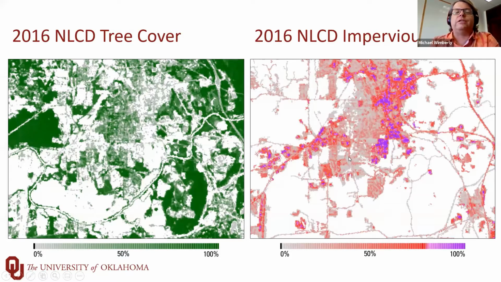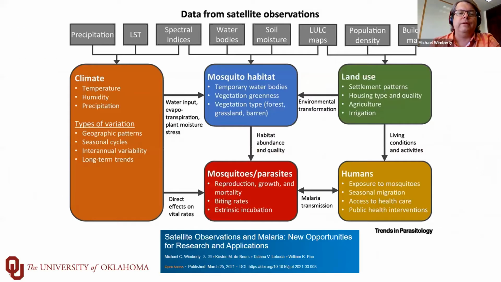These are actually some of the base products that are used to make that classification that I showed you. But when we look at land cover through the lens of a satellite, these are the types of things that we're often looking at.